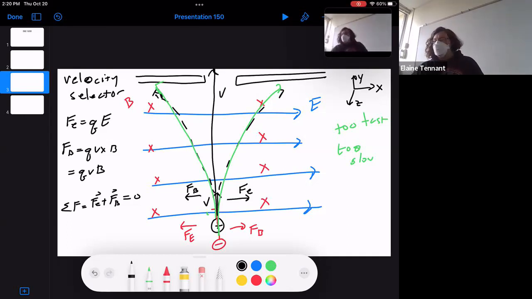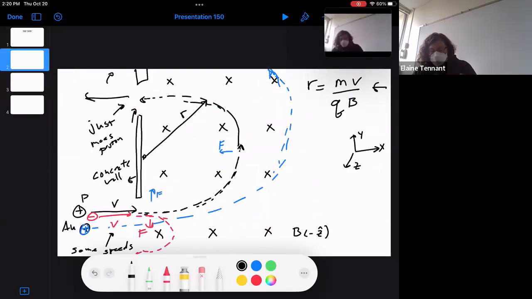Sound okay? Okay. And frankly, a lot of times you use these two things in tandem. So you have whatever source you have, which usually is a filament that you heat up so it's spewing off stuff. You set up your velocity selector to pick out the right velocity. You put a mass spectrometer right after that. So once you have them all going at the same speed, you run it through your mass spectrometer.